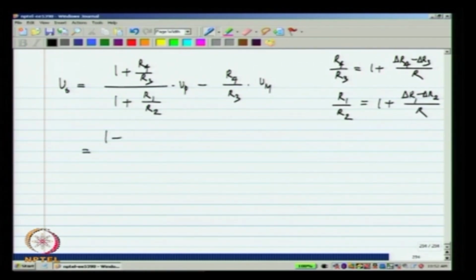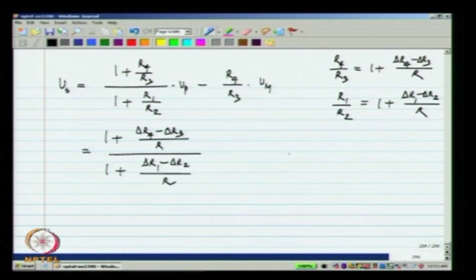So, here we will have 1 plus delta R4 minus delta R3 divided by R, divided by 1 plus delta R1 minus delta R2 divided by R, minus 1 plus delta R4 minus delta R3 divided by R. This times Vp minus this whole thing times Vm. Now, I do not want to keep on writing delta R4 minus delta R3.